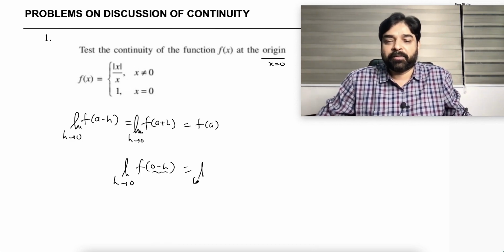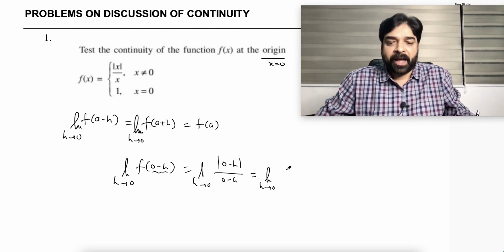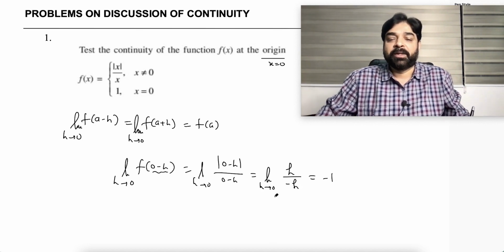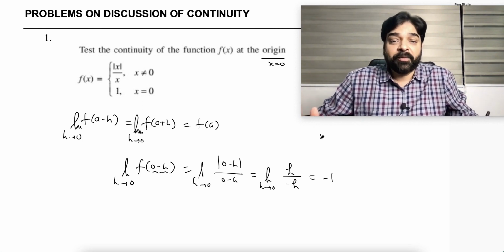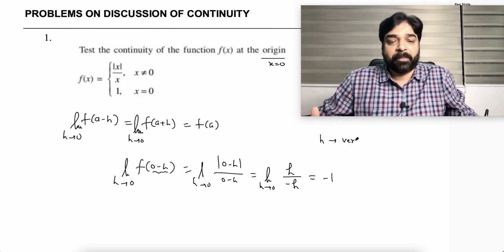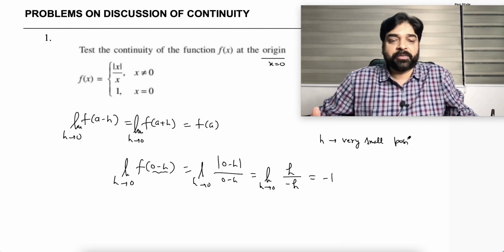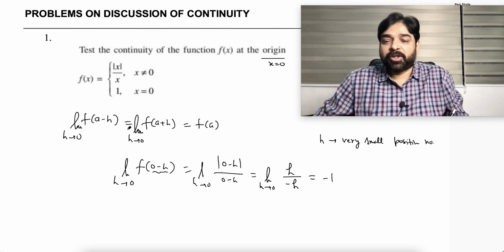So this will be equal to limit h approaches 0 of mod of (0 minus h) by (0 minus h), which is limit h approaches 0 of h divided by minus h. Correct? So this value will be minus 1. Why h? Because mod of minus h will be equal to h. Remember, all of you, h is a very small positive number. So f(0 minus h), we got it.